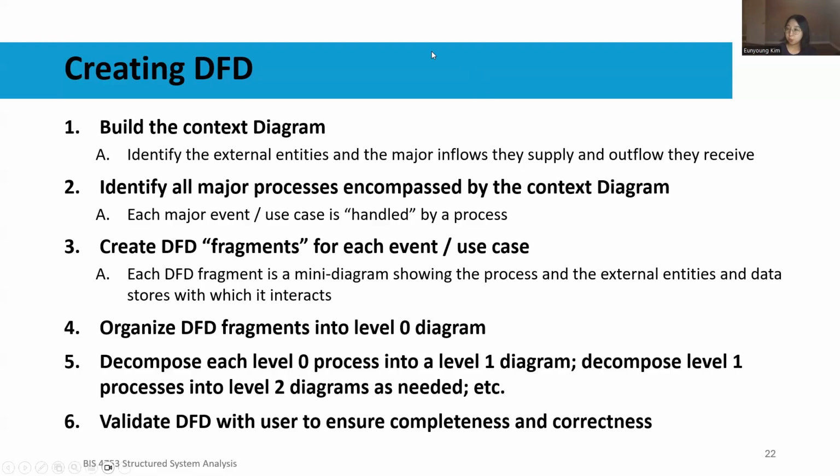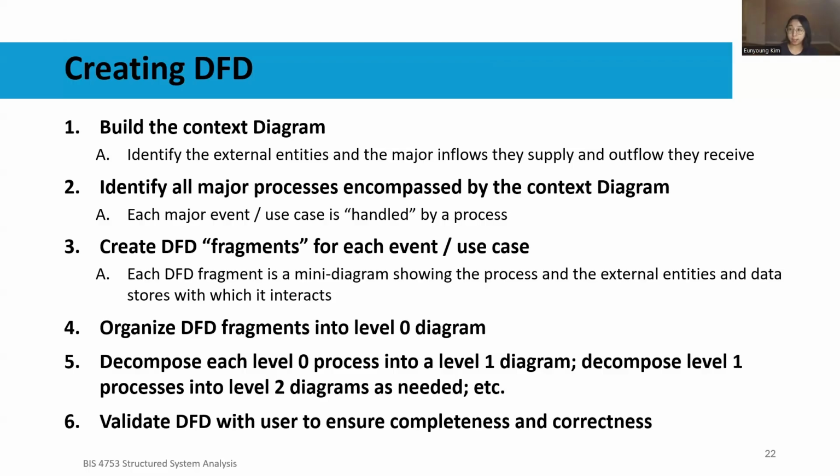But before that, let's briefly see the procedure to create the DFD. It's kind of heuristic. So first of all, you can build a context diagram, right? Based on the use case scenario, you already know who is the external entity, the primary actor of this system. And also based on the system request, you know what this system is about, right? So you can create the context diagram. And also based on the use case scenario, you have major processes.